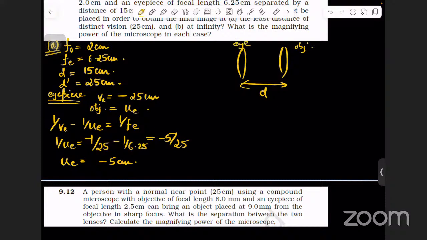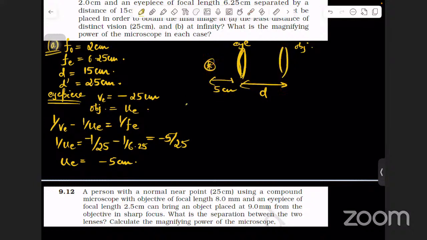For the eyepiece, we have the object distance here, minus 5, so this 5 centimeters here. And we said whatever image the objective forms acts as the object for the eyepiece. So for the objective, the image distance is D plus 5 centimeters, right?